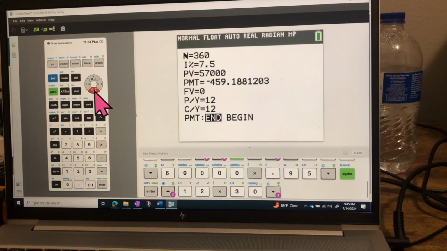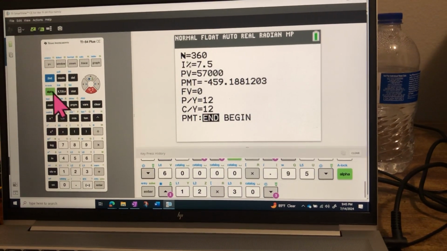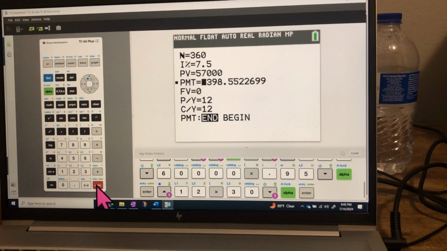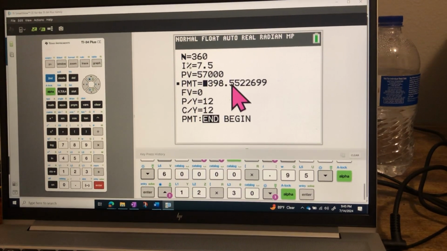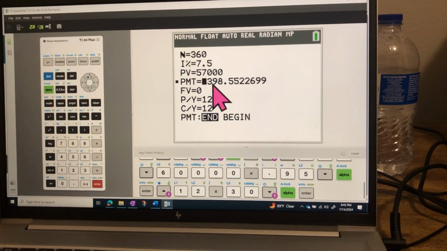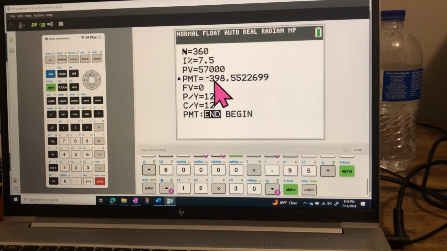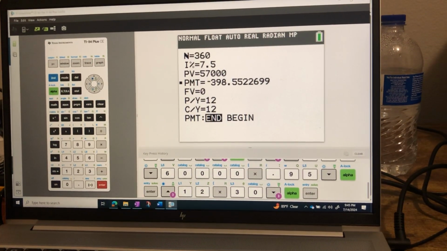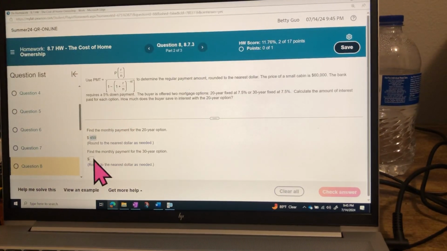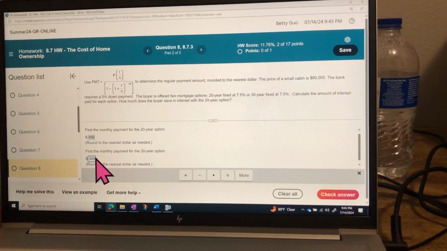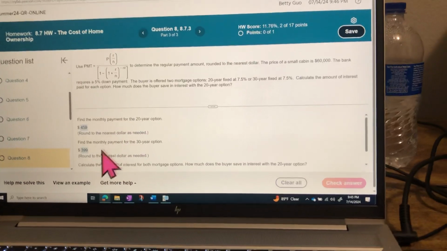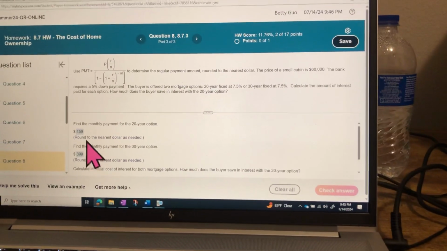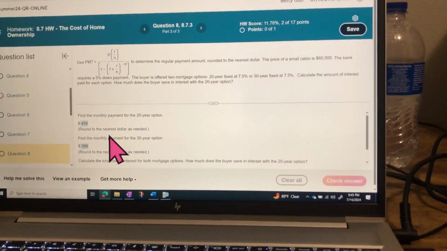Everything else stays the same, and then solve for payment. Alpha, enter. 5 is bigger than or equal to 5, so we're going to round it up. The monthly payment is going to be $399. If you choose the 30-year option, it's a lot less, right? Not too much less, but like $60 less.